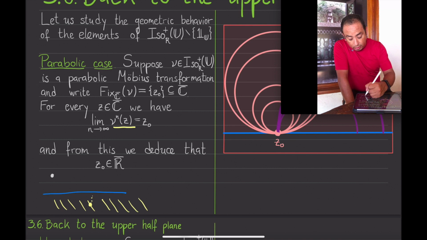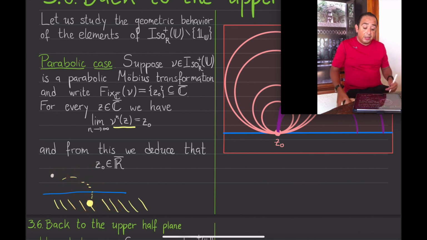So at some point, some iteration has to enter from the lower half plane to the upper half plane. But then that means that nu does not preserve U bijectively.